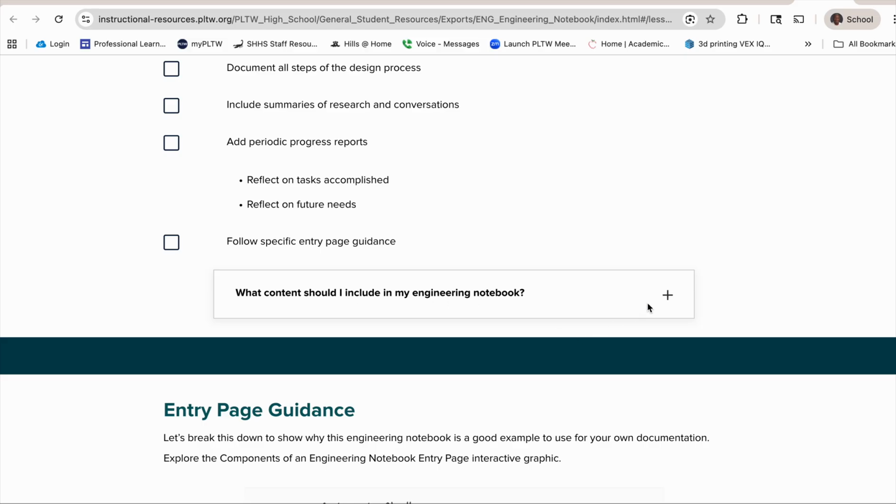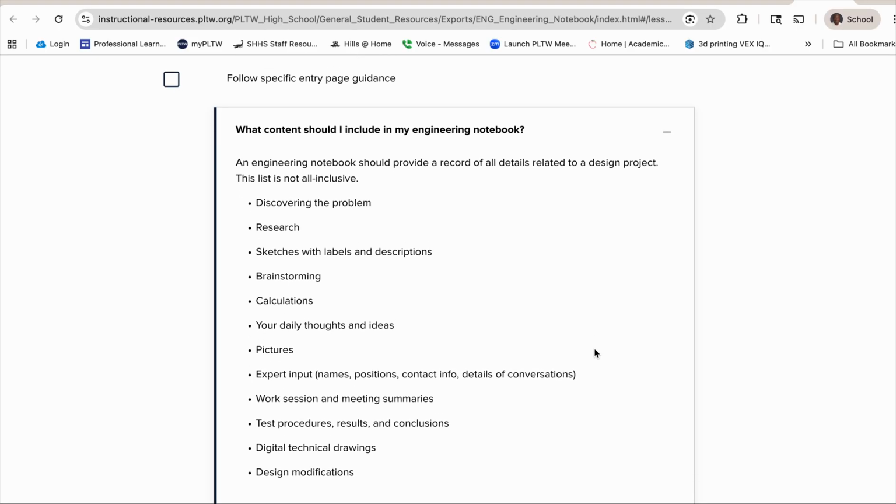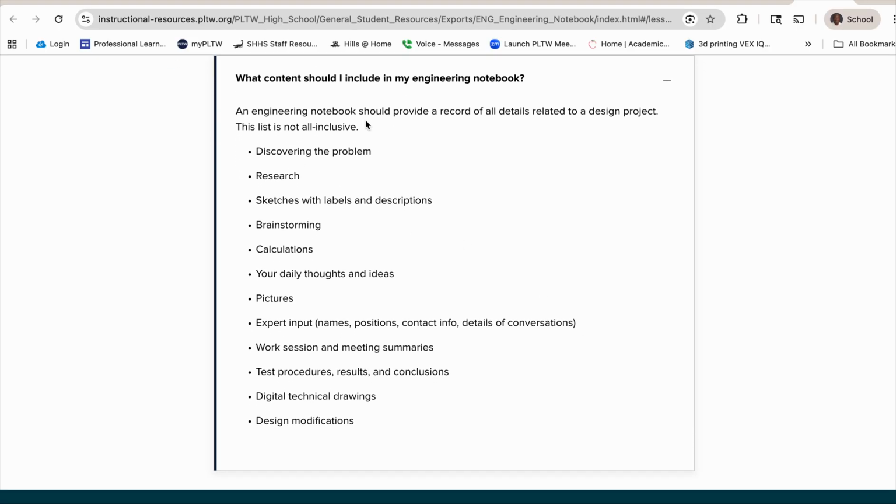What should you include in an engineering notebook? Records of everything you've done related to a project.